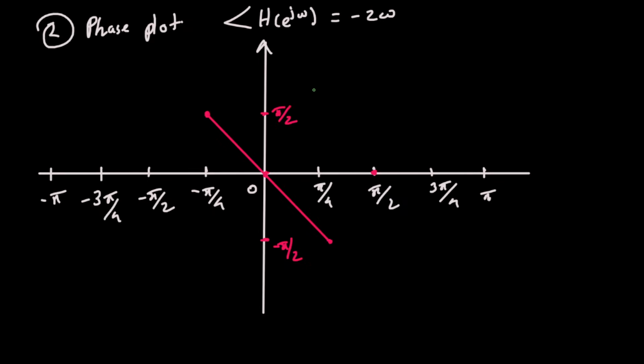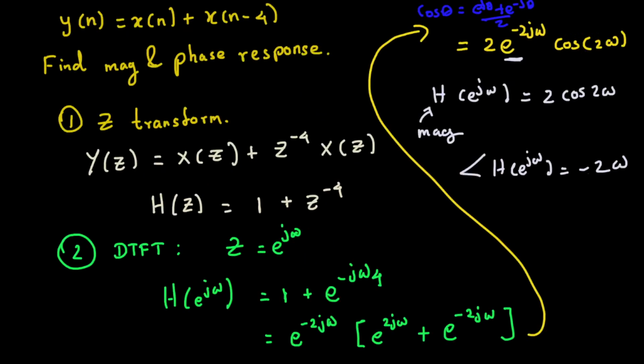So this pattern is going to keep on repeating like this. You can plug in the values like this and you're going to end up having a pattern like this, keep on repeating. Okay, that is our phase diagram, the phase plot for the given system.